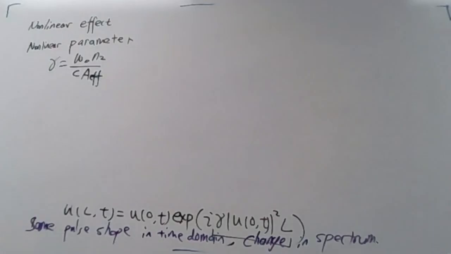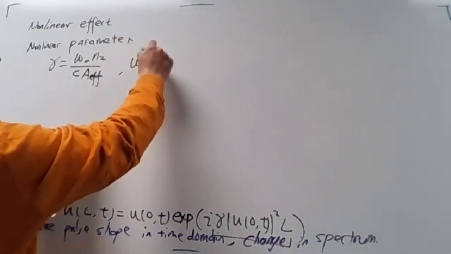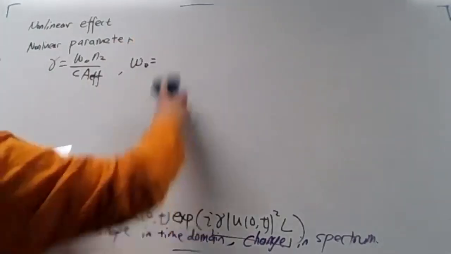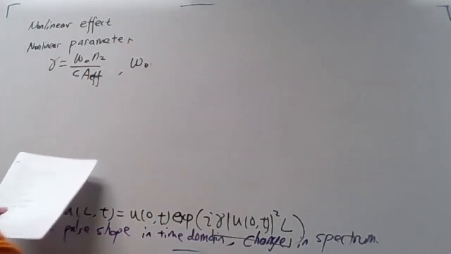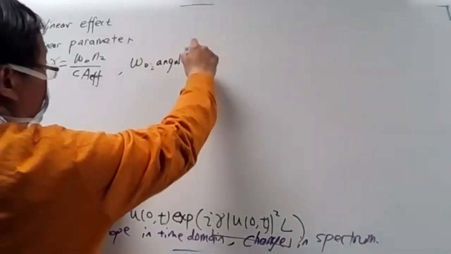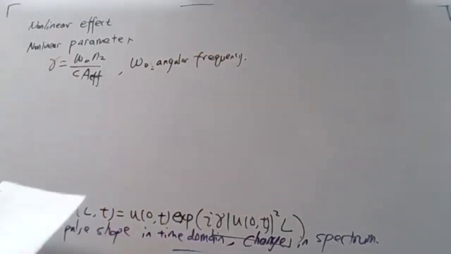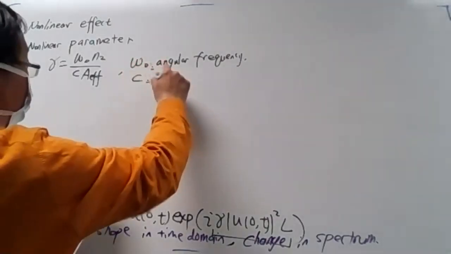Omega naught is the angular frequency, which is 2 pi f, where f is frequency. c is the speed of light.